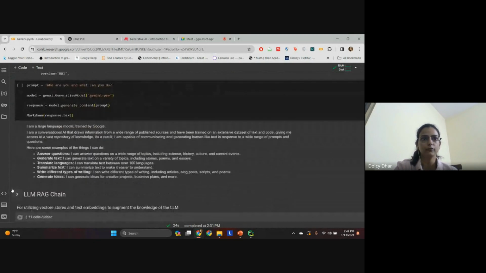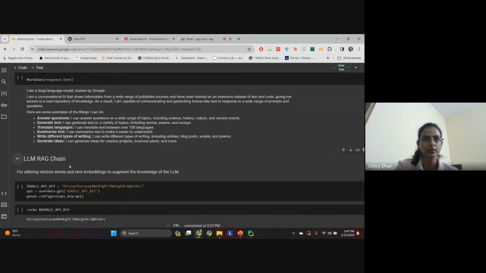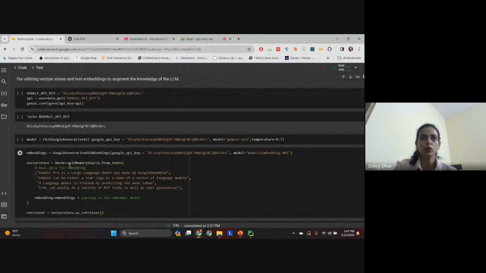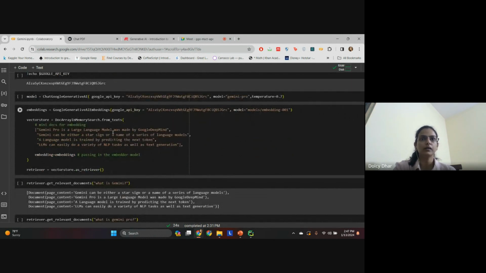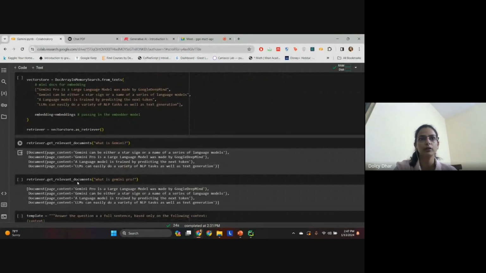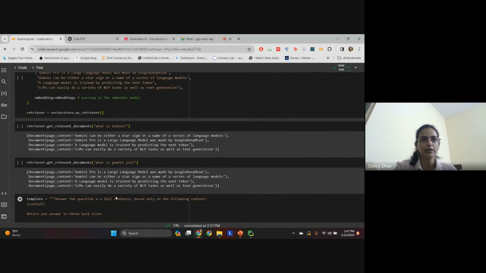And I, of course, implemented a small RAG chain as well to see. So I just want to make a note over here. This is not the right way of initializing Google API, but nothing else was working for me. So I initialized it this way. So I sent in mini documents about Gemini, one sentence mini docs for embedding to see if it is able to generate answers based on that.